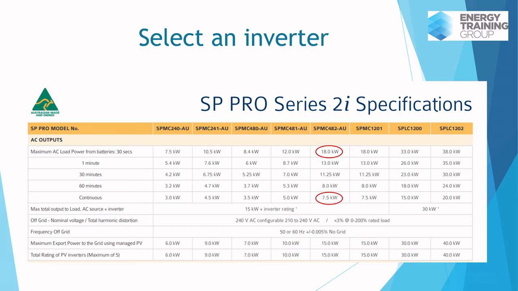So we're going to select the SPMC 482-AU as the inverter we're going to use, and you'll note that this is a 48 volt inverter. So by virtue of selecting this inverter, we've also selected our battery voltage. Our battery bank is going to be a 48 volt battery bank.